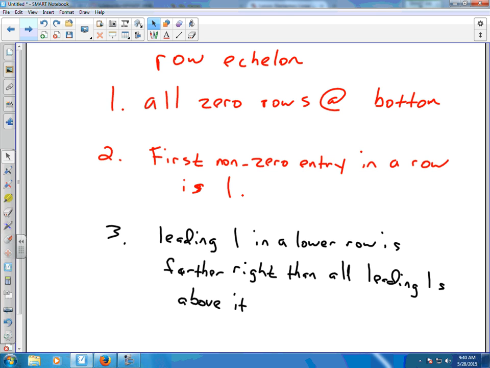Basically, the farther you go down, the farther to the right your pivot is. Your leading coefficient in each successive row has to be farther to the right than in the previous row.